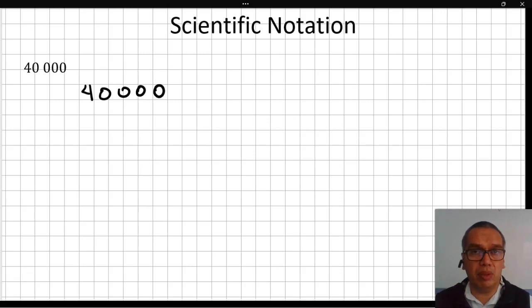In this first example, we want to represent 40,000 as the product of a small quantity, say between 1 and 10, and some power of 10.